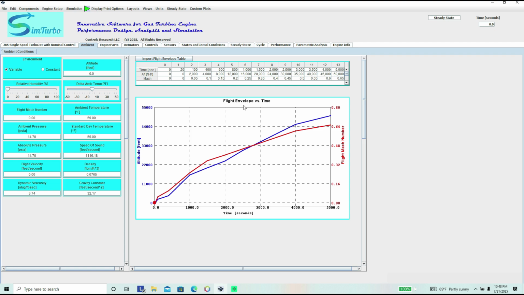And then we have a plot of the flight envelope versus time, which shows both the altitude in blue and the flight Mach number in red. And you see this, it has two dots. The blue dot is hidden behind the red dot starting at 0, 0. But as we go on in time, the two will move.